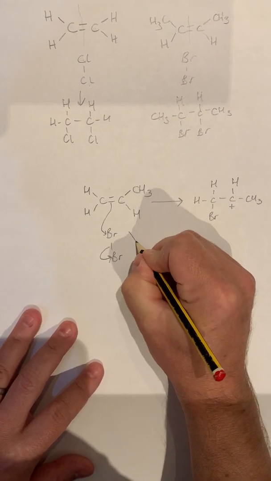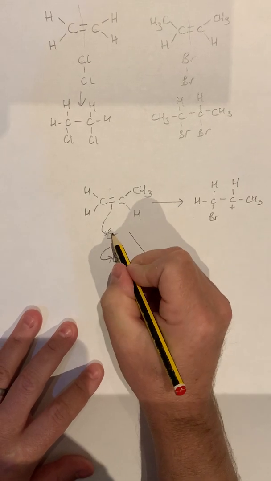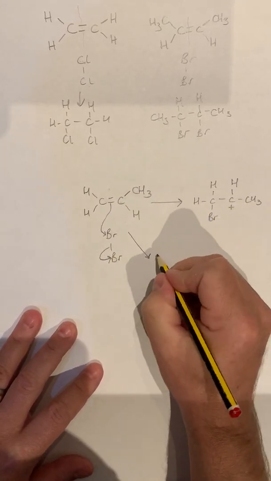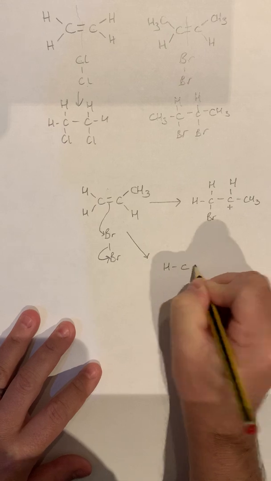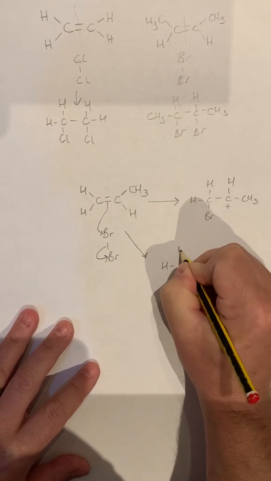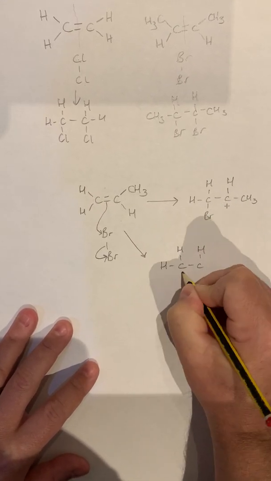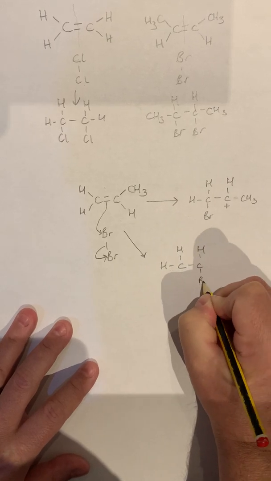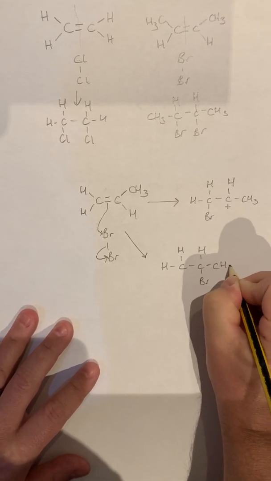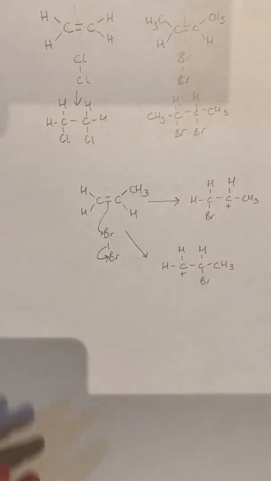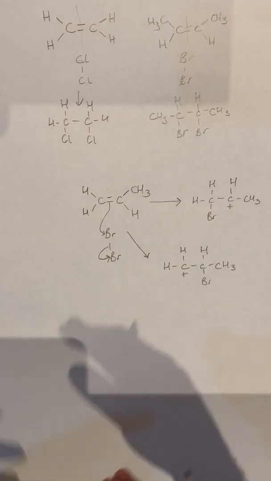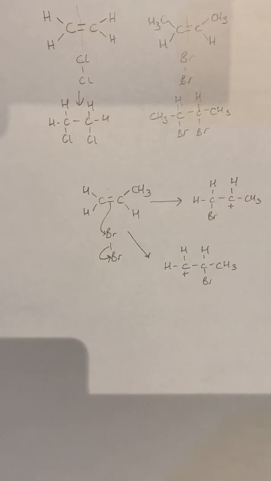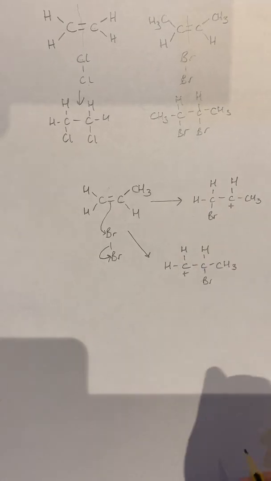The other option is if I put that one on the second carbon. And we get that. Now, I've seen a lot of you have figured this out, and that's not a problem.